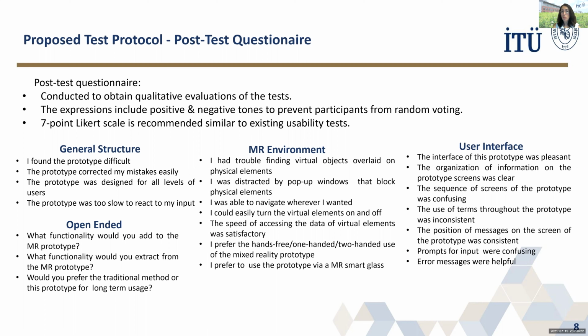I could easily turn the virtual elements on and off. The speed of accessing the data of virtual elements was satisfactory. I prefer the hands-free or one-handed or two-handed use of the mixed reality prototype. I prefer to use the prototype via MR Smart Glass. So these are the main statements that we propose to use to evaluate the mixed reality environment.